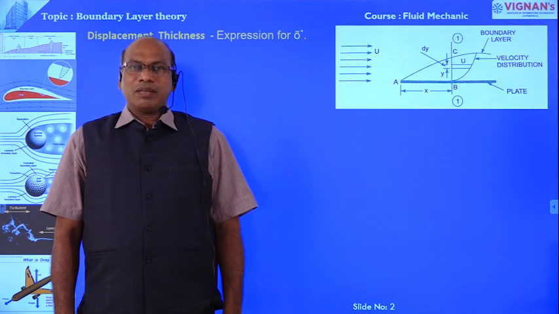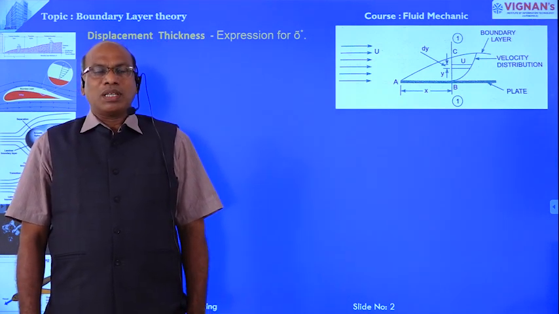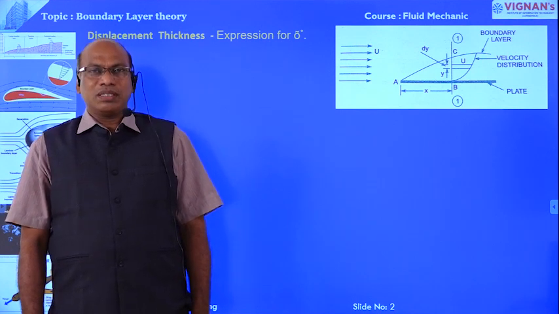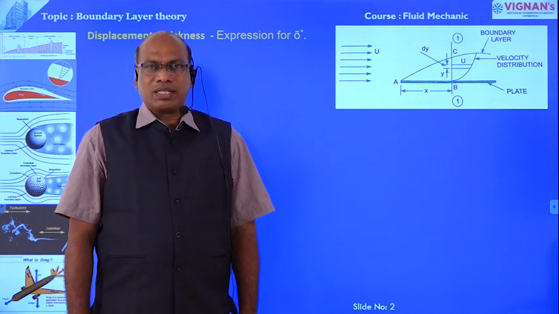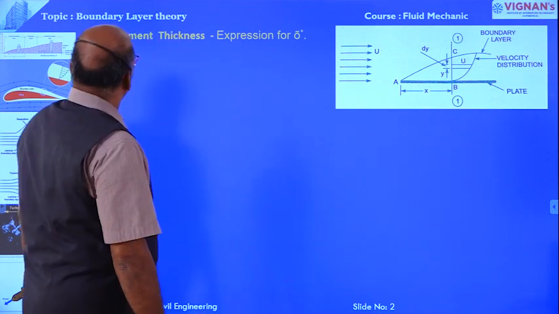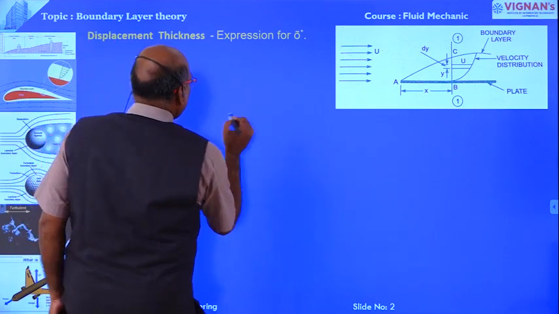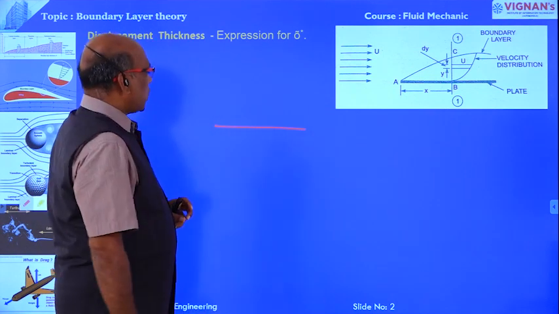Last class we discussed displacement thickness, laminar boundary layer, turbulent boundary layer and laminar sublayer. Now we are going to repeat once what we discussed in the last class. Boundary layer: this is one solid body.